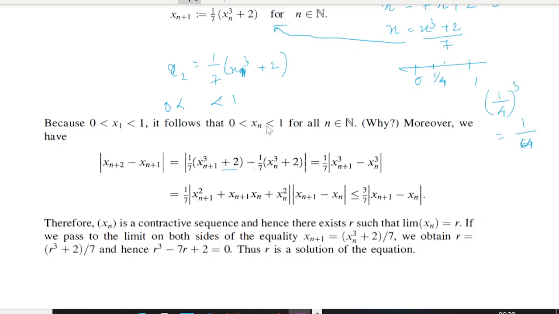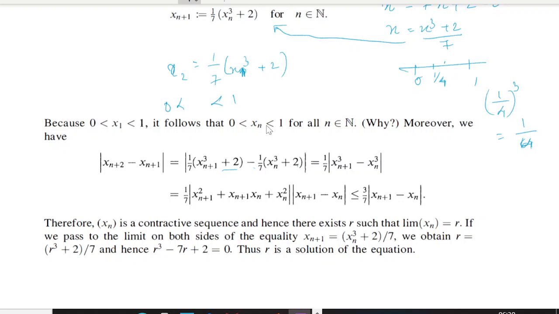Now this can be written as 1 by 7 into |x_{n+1}² + x_{n+1}x_n + x_n²| into |x_{n+1} − x_n|. When you multiply this, what do you get?